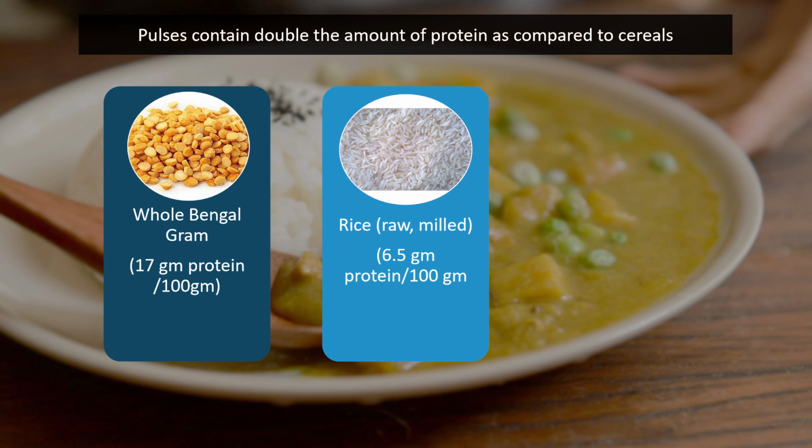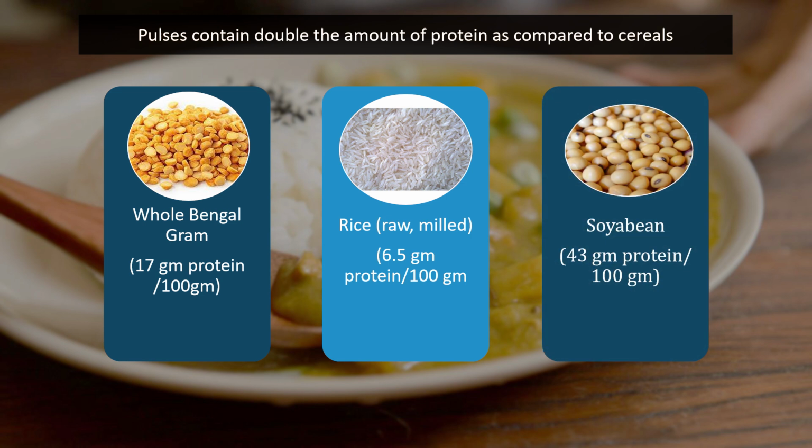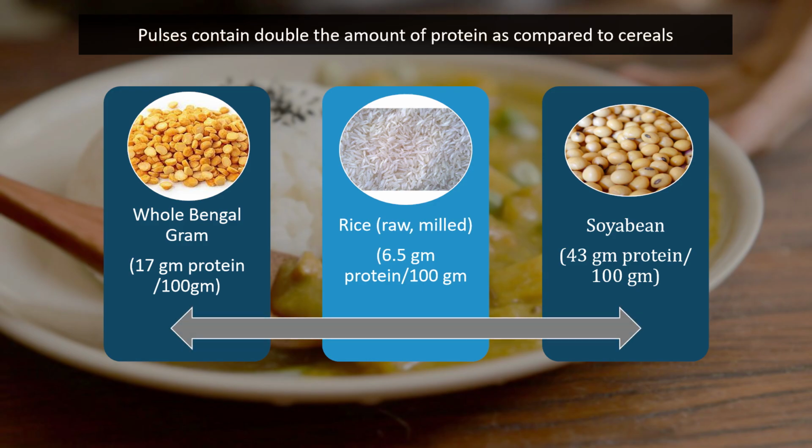So you can see from these figures that Bengal gram contains 17%, while the rice contains 6.5%. It is just half. Now, amongst the pulses, the amount of protein is highest in a pulse called soya bean, which is 43 gram per 100 gram. That is, soya bean contains 43% protein.